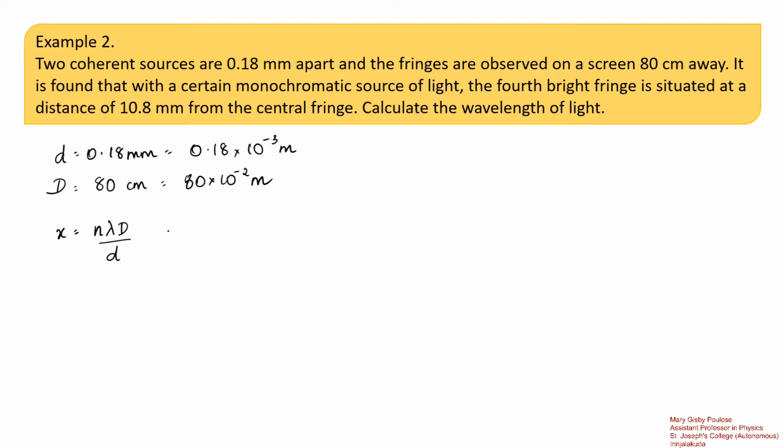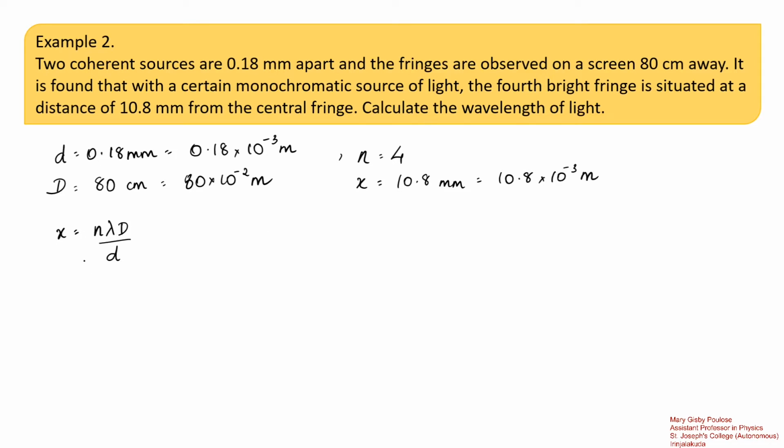Now here the value of n is assigned as 4 and all the other parameters are given. Here x is given as 10.8 millimeters, and that in meters can be written as 10.8 into 10 raised to minus 3 meters.